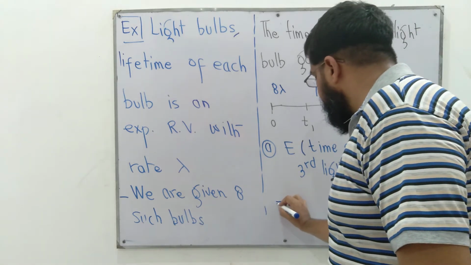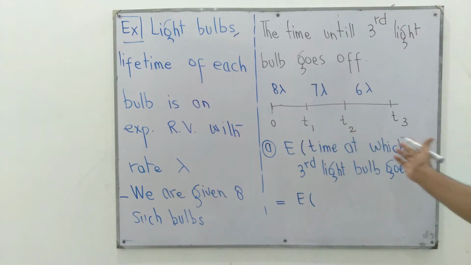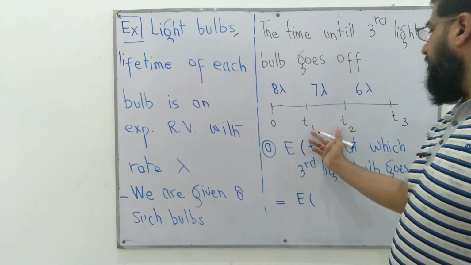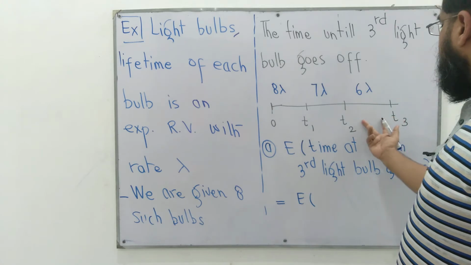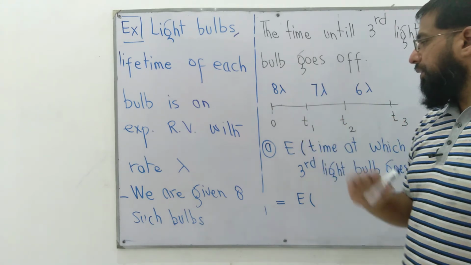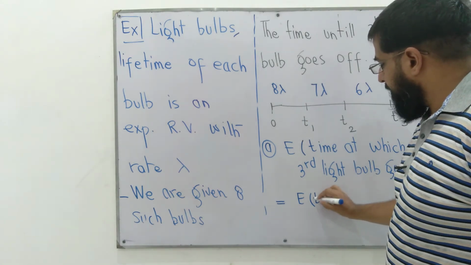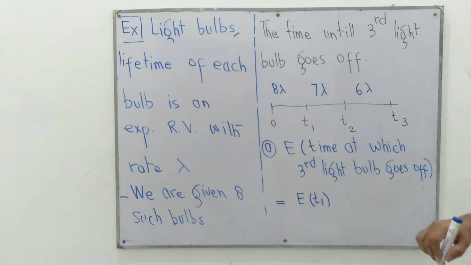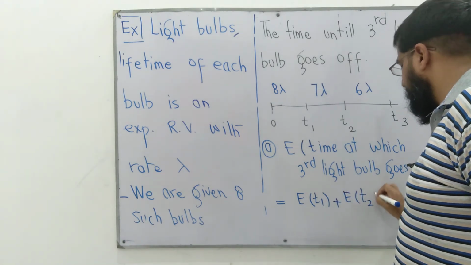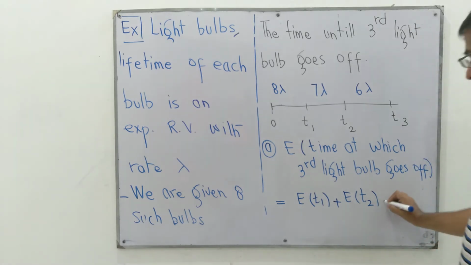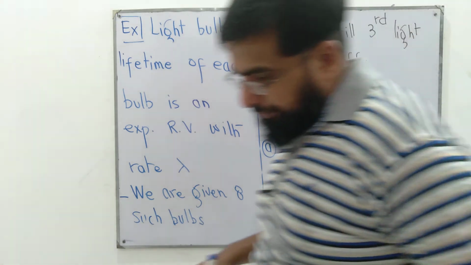Since they are all independent of each other, whatever happens here is independent of whatever has happened before. So this should be the expected time where the first light bulb goes off plus the expected time where the second light bulb goes off plus the expected time where the third light bulb goes off.